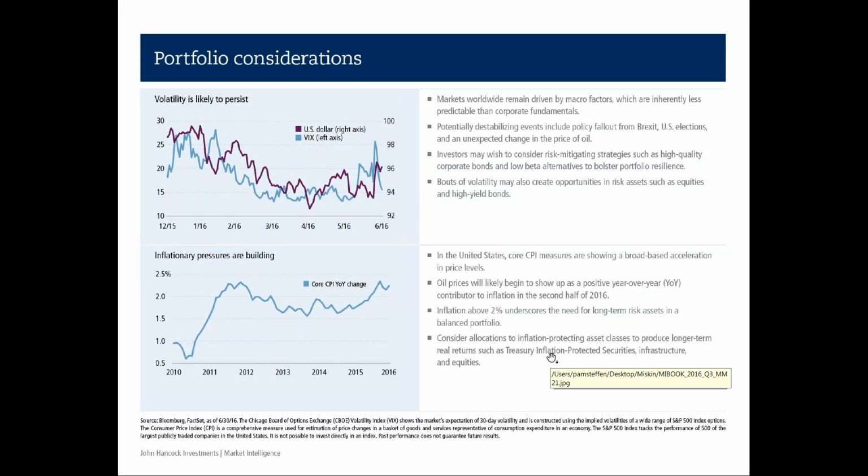There are asset classes that try to help you with that. Treasury inflation protected securities, or TIPS, can add inflation protection. There are commodities that are somewhat able to do so, but they have volatility. In addition, infrastructure, and then just equities.